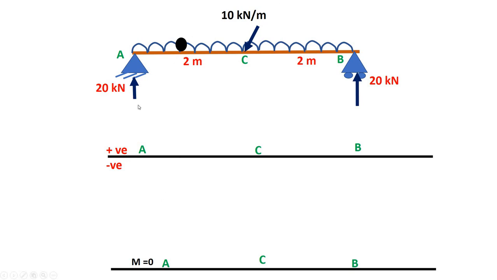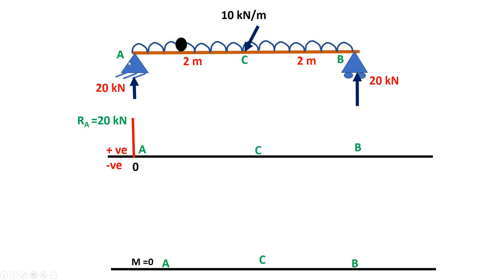Now let us draw the shear force diagram. Here we have a vertical reaction, so shear changes from 0 to 20, right? And it will be represented by a vertical line. Now in between A to B we don't have any other load, only the UDL is there, right? So UDL will be represented by an inclined line, right?